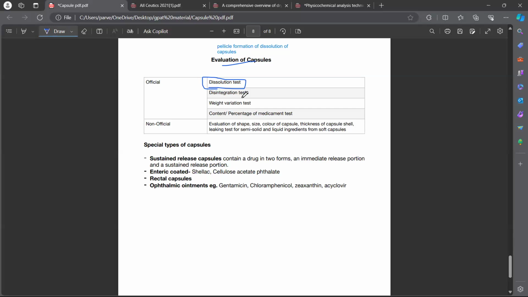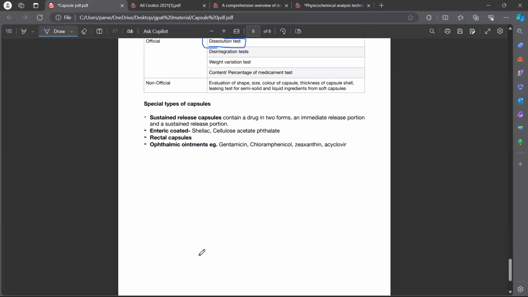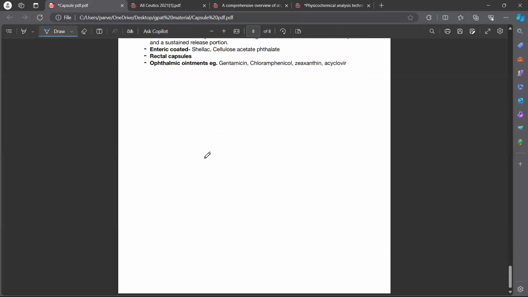Next, the content uniformity test. Do you guys remember how many capsules are taken for the content uniformity test initially? Can anyone tell me? 20. I think in the starting 30 capsules are taken.